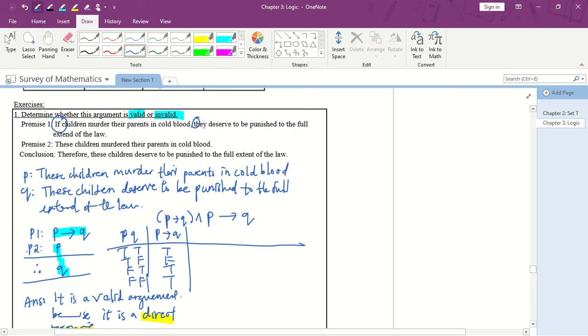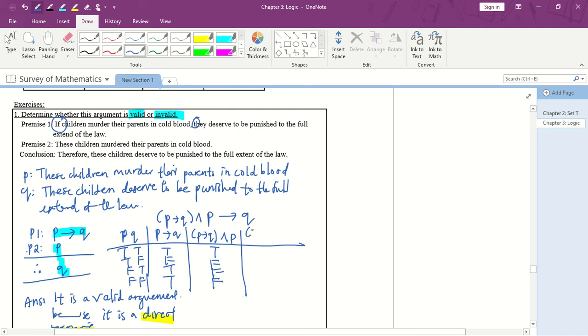And the next one, we need to find P to Q and P. So it becomes this one and P. Only both true can make it true. So true and true is true, then false, false, false, and the last one, false and true becomes false.